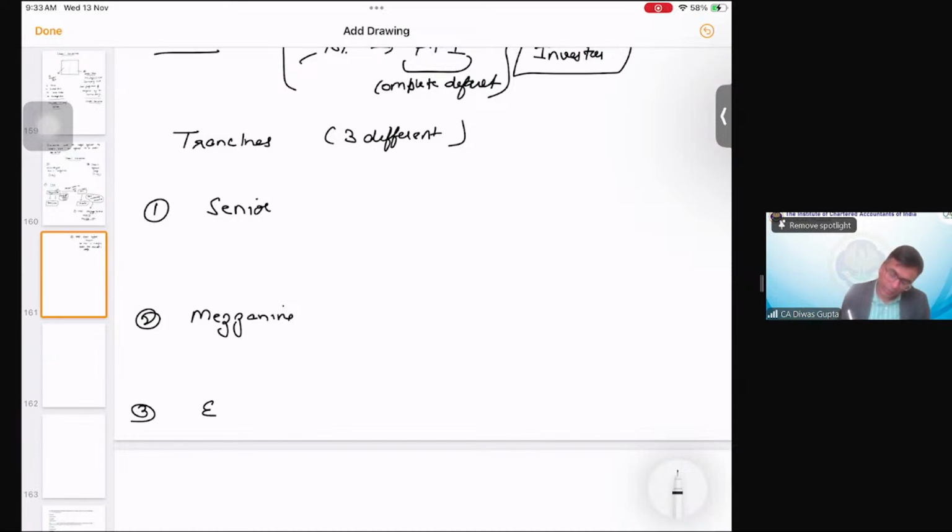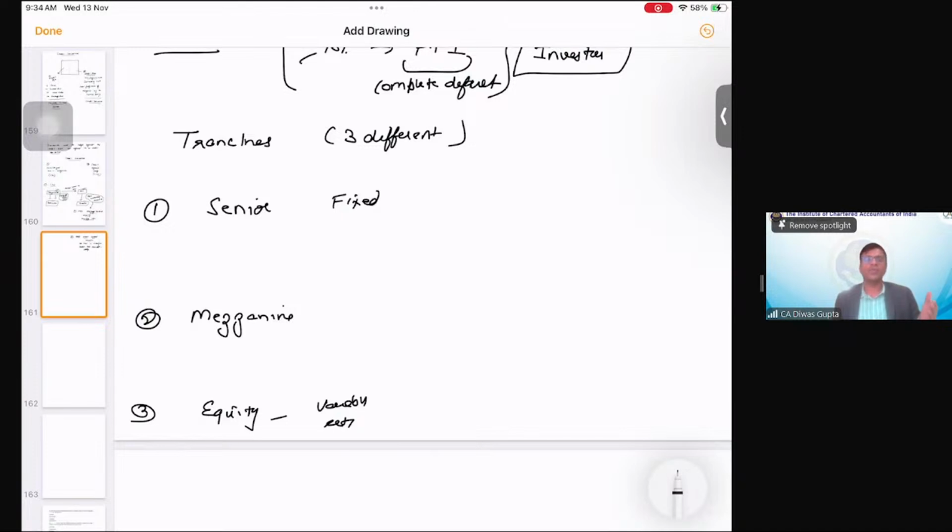Then lastly equity. Now if you see, senior will get a fixed return and equity will get a variable return. So assume senior is a debenture holder, mezzanine is a preference shareholder, and equity is an equity shareholder of a company.